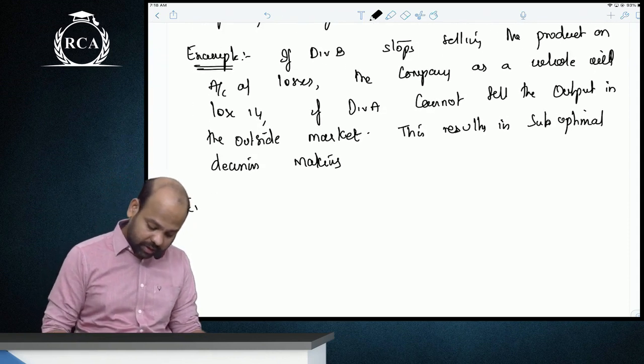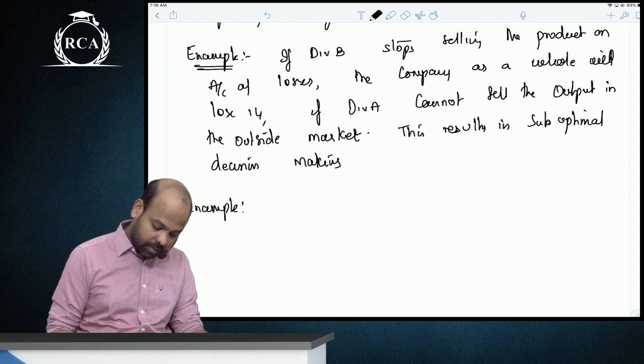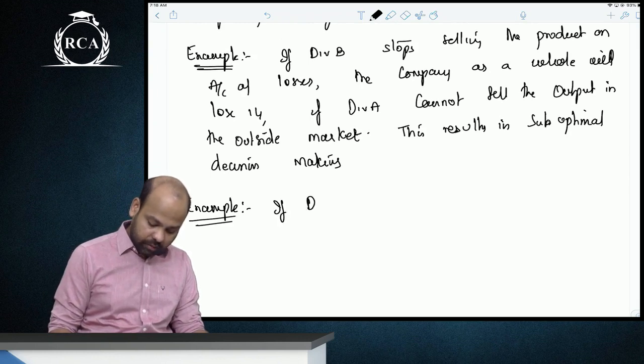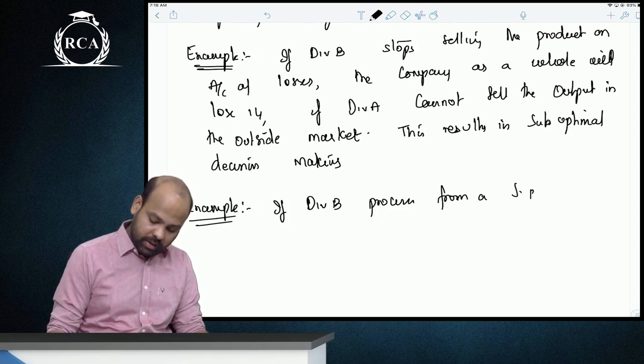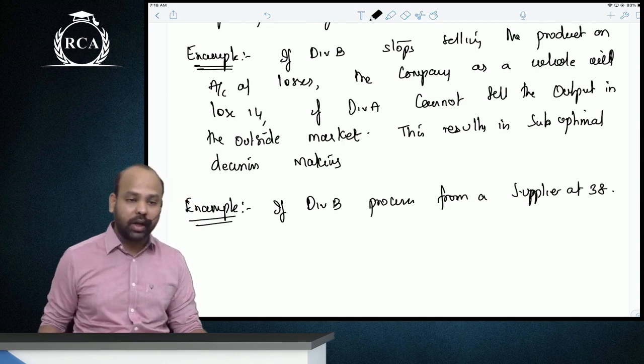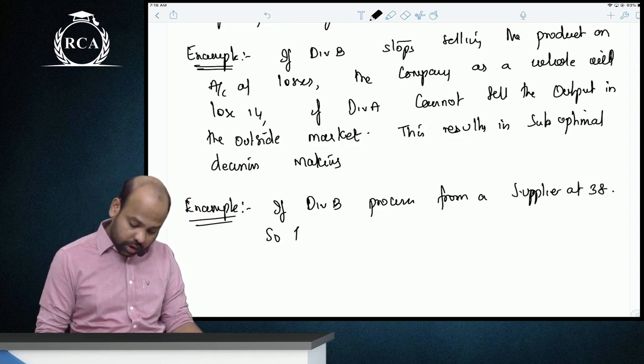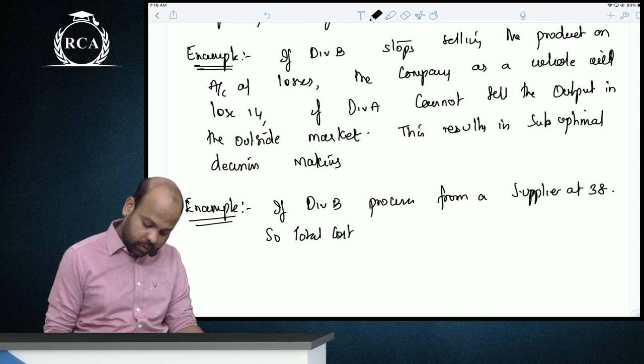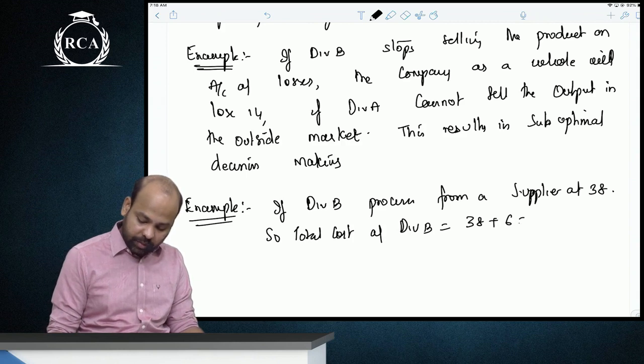Another example: what if division B procures from the outside market? If division B procures from a supplier at 38 rupees, the total cost of division B would be 38 plus an additional 6 rupees, 44 rupees.